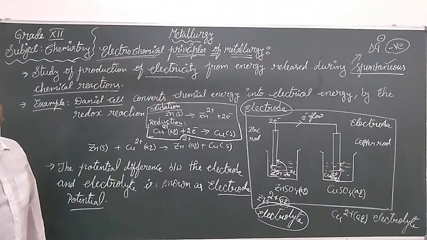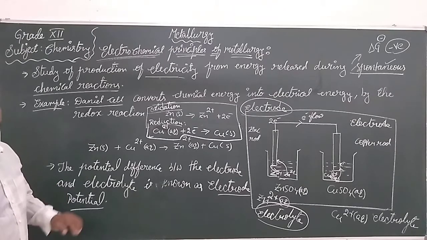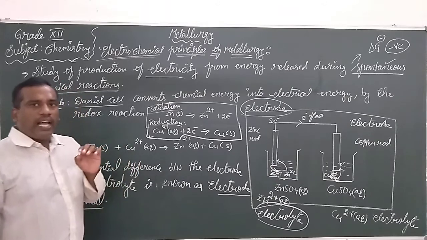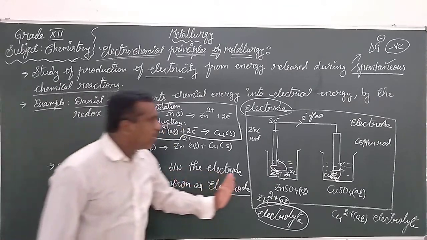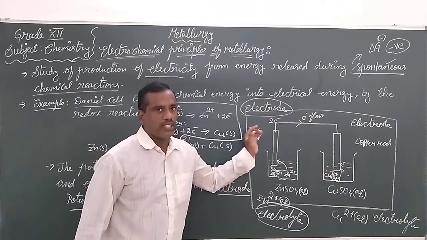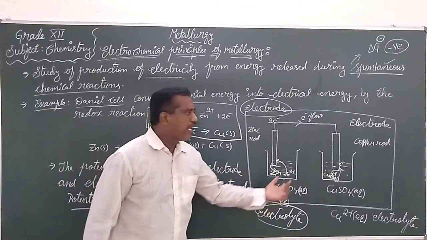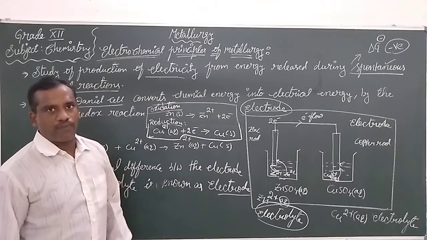Cu2 plus accepting the electrons is undergoing reduction. So, in this Daniel cell, the zinc part is undergoing oxidation, and the copper rod side is undergoing reduction.